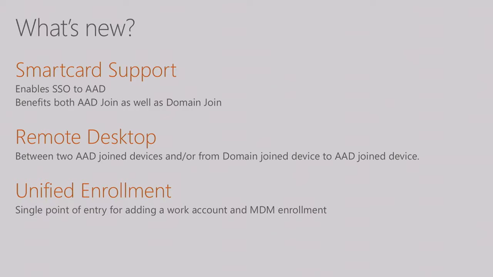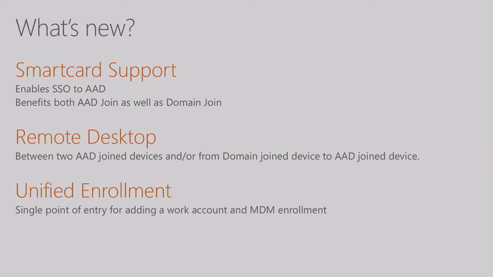And finally, we also got a lot of questions when it came to the two ways, when we initially launched Windows 10, to enroll into MDM or set it up for work. There was a separate entry point where you had to go if you wanted to just enroll into MDM, and a separate entry point if you wanted to add an Azure AD account. People were confused because they were adding one and then management settings didn't come down, or they were getting the management settings but not the single sign-on benefits.